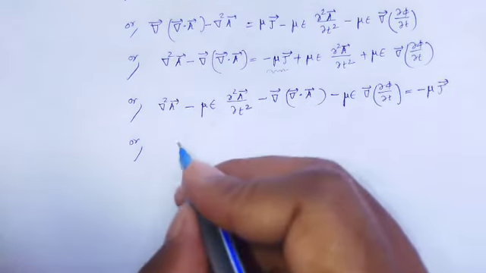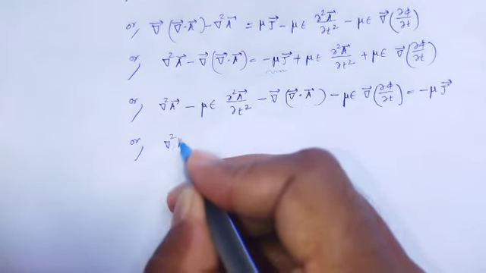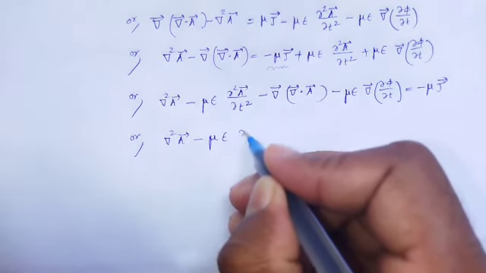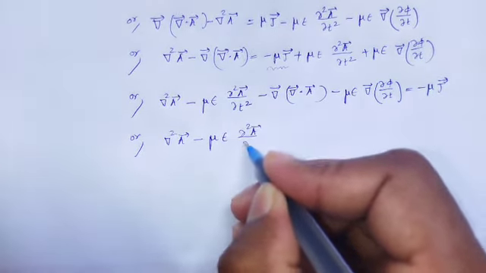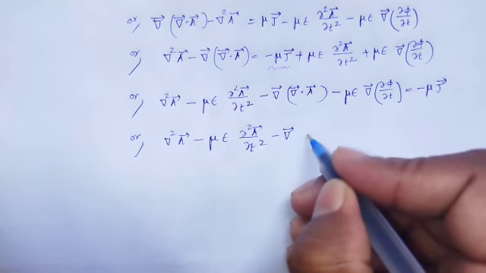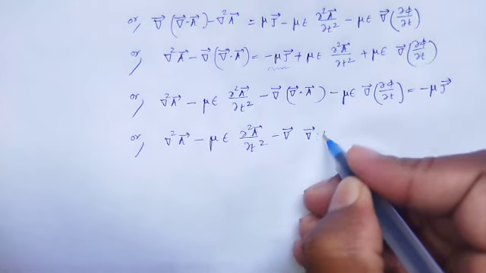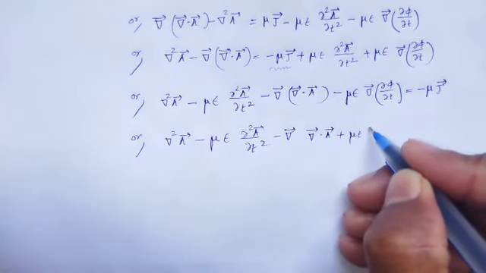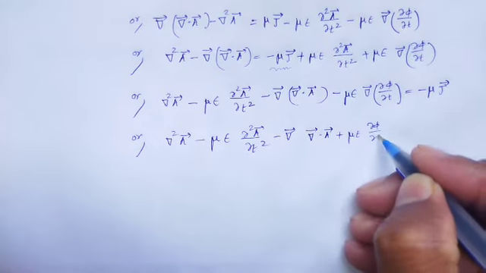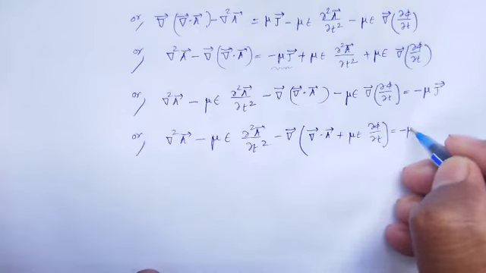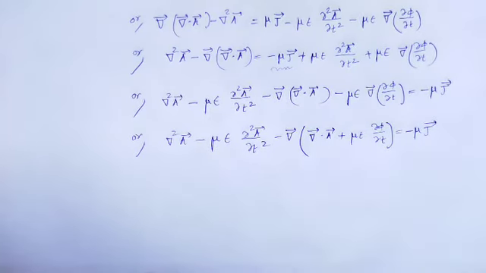Now rearranging the terms, grad square A minus mu epsilon del square A by del t square minus grad as common, in the bracket we have grad dot A plus mu epsilon del phi by del t, is equal to minus mu J.